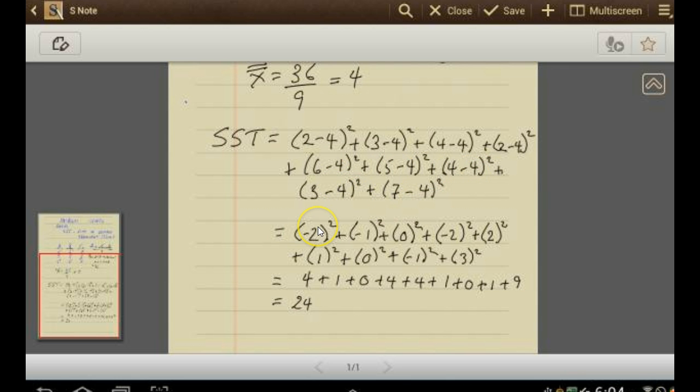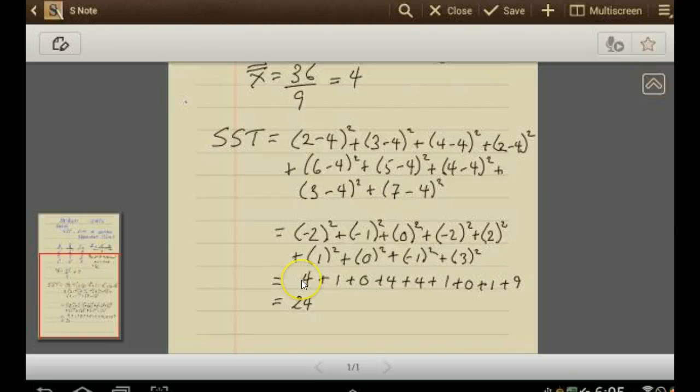And because each item is squared, whether it is a minus or a plus, it ends up being a plus, because the square of a minus amount is going to result in a positive amount.